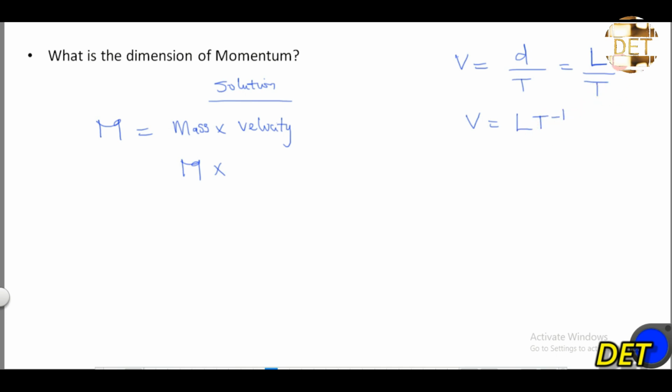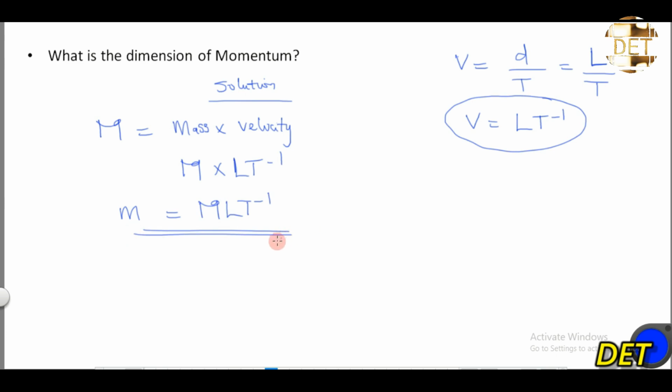When this T comes up, it becomes L T raised to the power of minus 1. So this is the dimension for velocity. So this will be times m. So my dimension for momentum will be equal to m L T raised to the power of minus 1. This is the dimension for momentum.